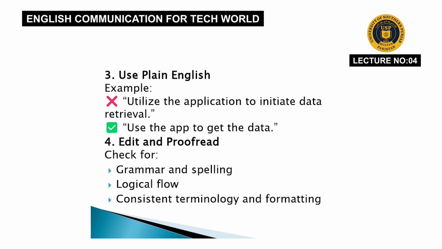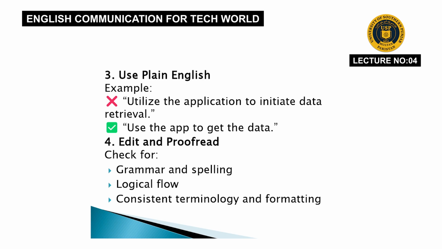During proofreading, you should check several things. First, check for grammar and spelling errors. Second, ensure that the document has a logical flow, meaning that ideas are organized clearly and connected smoothly. Third, check for consistent terminology and formatting.